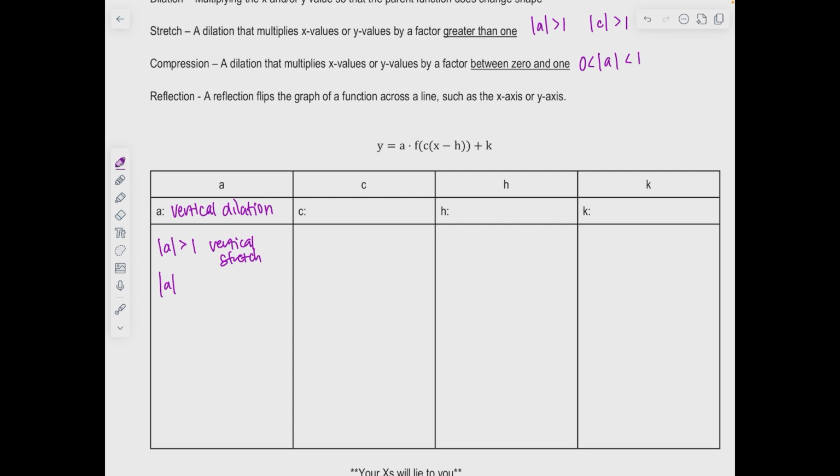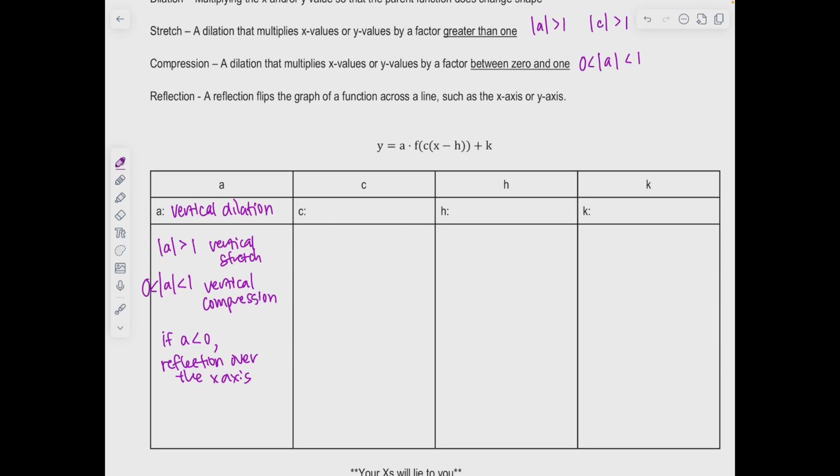If the absolute value of a is between 0 and 1, that would be my vertical compression. Okay. If a is less than 0, it also indicates that there will be a reflection over the x-axis. Okay, so that's what the a value can control.